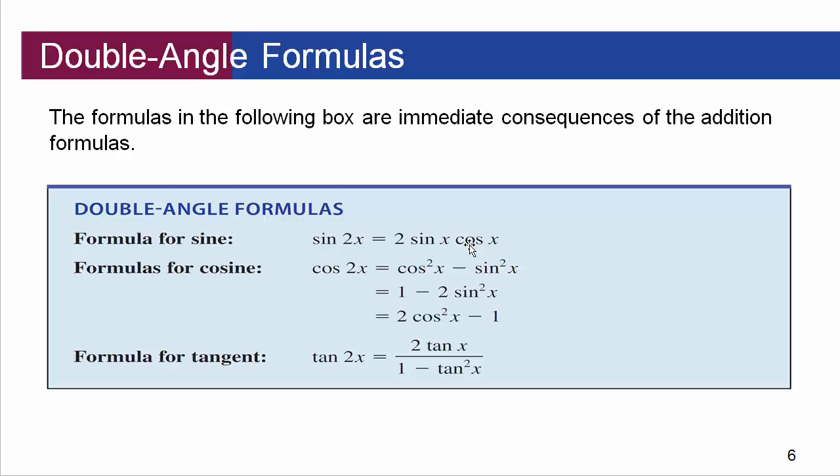All right, so why do we bother? Well, again, they're very helpful in calculus, because in calculus, it's all going to come down to taking derivatives and taking integrals. And when you take derivatives and integrals, you don't have to, but it makes life a lot easier if all of your trig functions have the same angle.